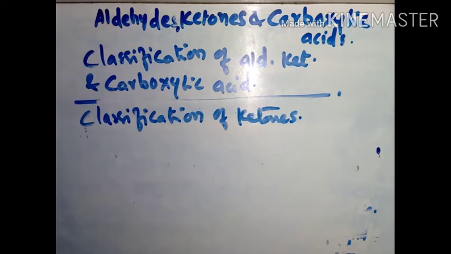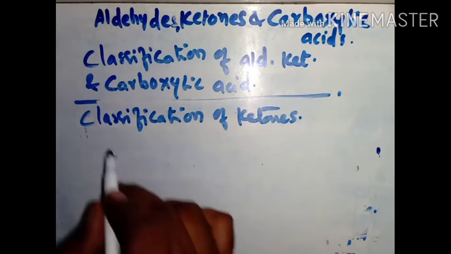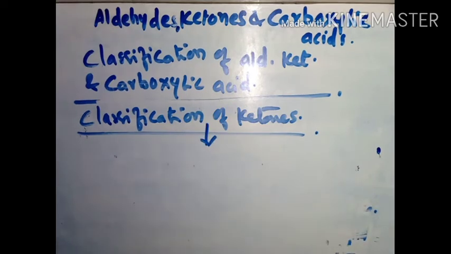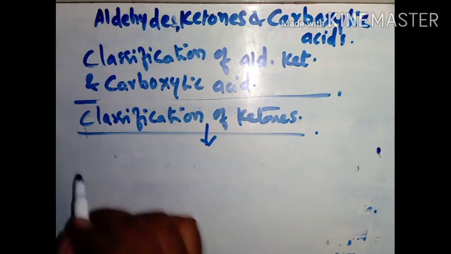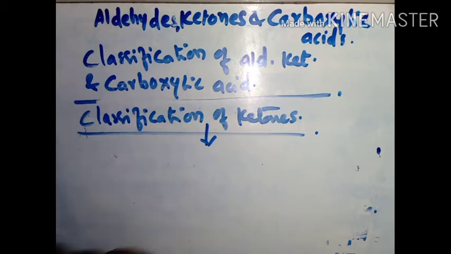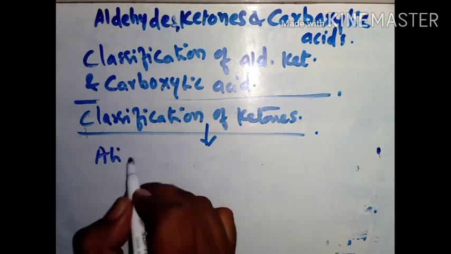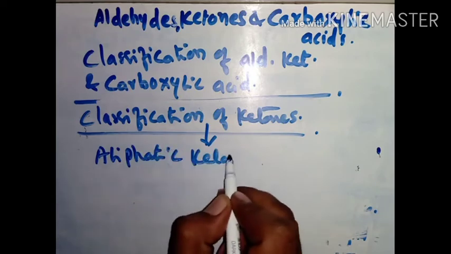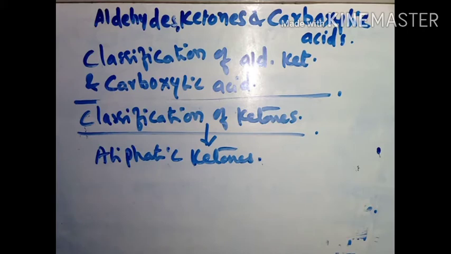The compounds in which the CO, that is the carbonyl group, is attached to two alkyl groups are called aliphatic ketones. So the classification of ketones is also of two types, as with aldehydes, that is aliphatic ketone. What are aliphatic ketones? Aliphatic ketones are the ketones in which the carbonyl group is attached to two alkyl groups.